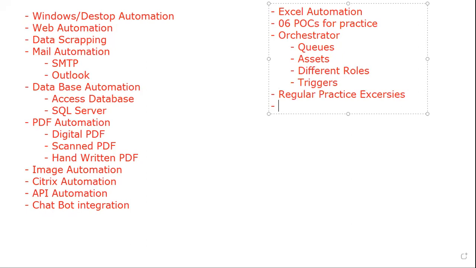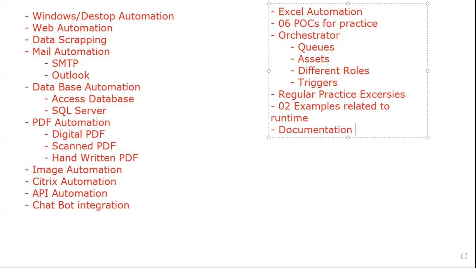So we will talk about other properties that we have in UiPath. Similarly, along with this, I'll give you 2 examples related to runtime. Additionally, we will talk about documentation.